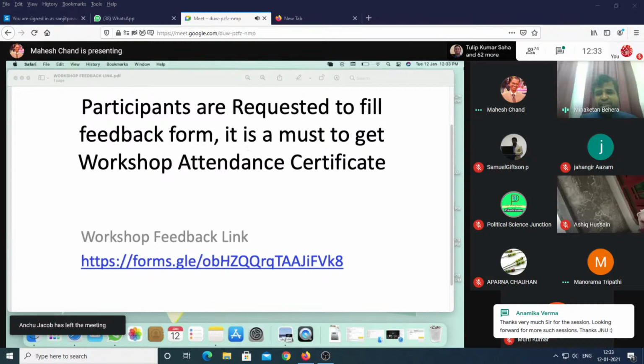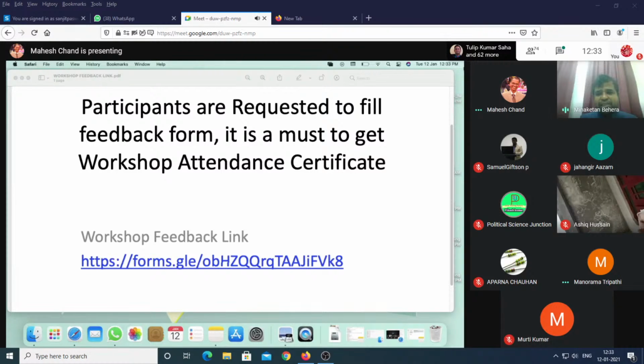If you need any clarification or help, please don't hesitate, just write. If you are getting this benefit, it is a great achievement for us. I should thank Maheshji, Manorama and the other teams for organizing such a nice workshop. I hope we'll continue in future.